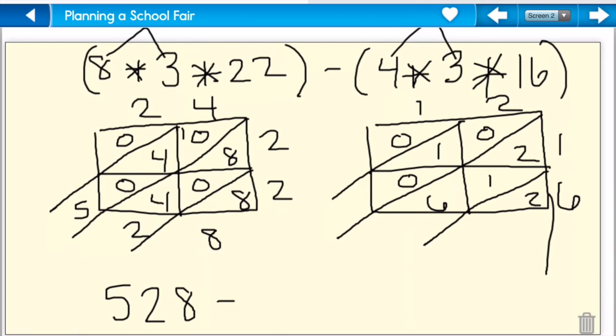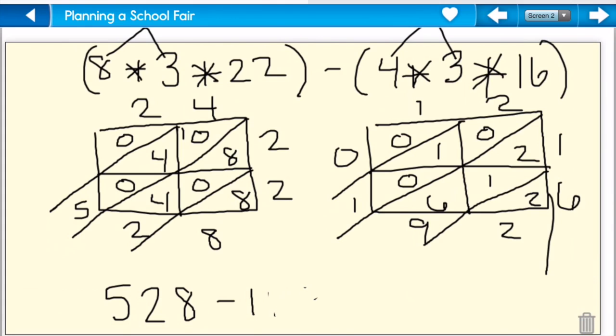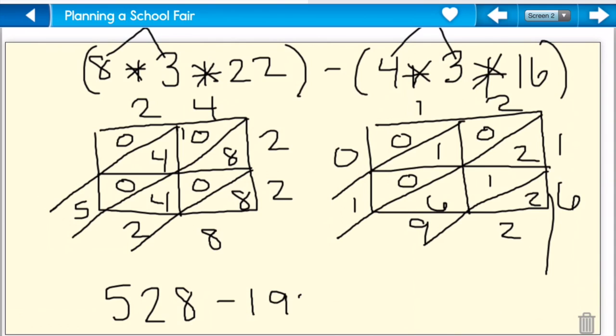So I have nothing here, so I'm just going to put a 2. 2 plus 1 equals 3, plus 6 equals 9. And then 0 plus 1 plus 0 is 1. So I have 192. Oops, I drew that wrong. So it's 528 minus 192.